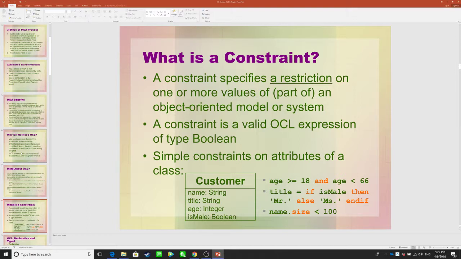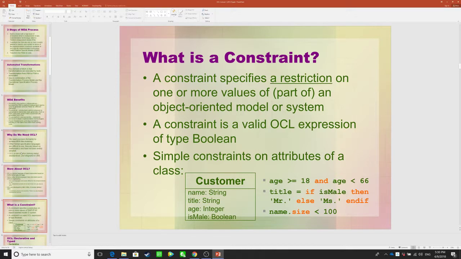You just use the if else. And here we can also express that logic with this constraint, so that it gives you more information about this title. And name dot size less than 100. So name has a size which should be less than 100.